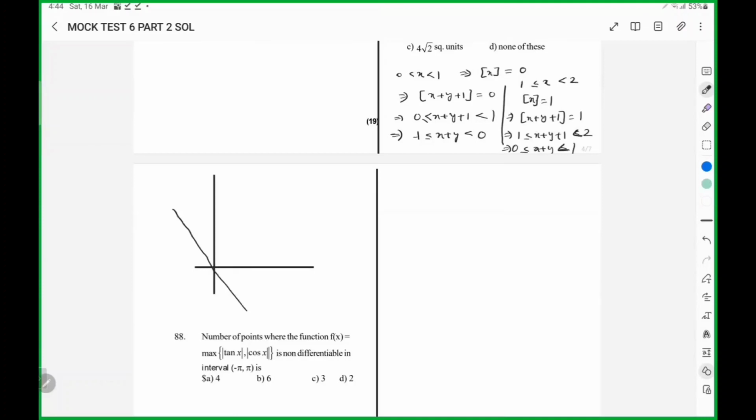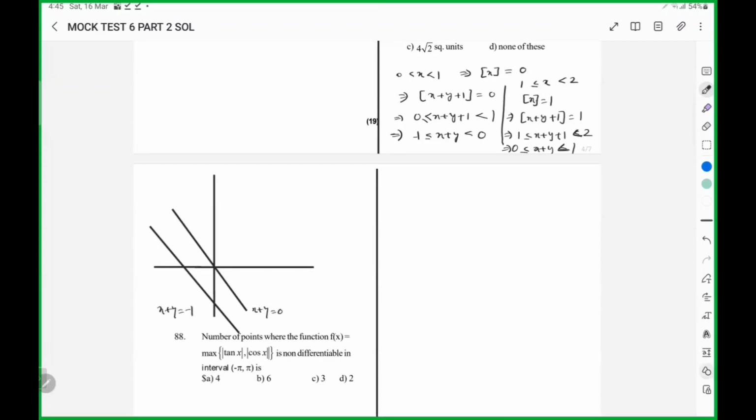So this is one line, and x plus y here is -1, that is x plus y is 0, and this is x plus y -1.